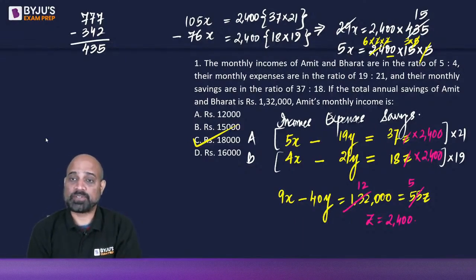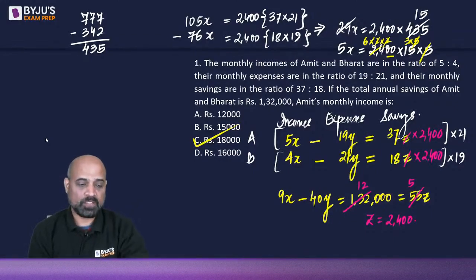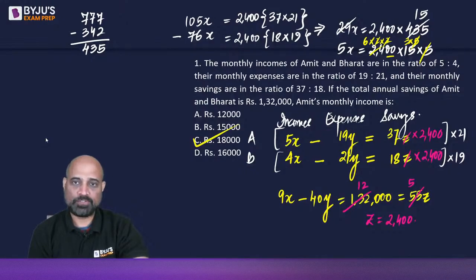We got 37 into 21, which will result in 777, of course. 18 into 19 will result in 342. That is also correct. 435 is the difference. So we will be getting 29x as 2400 into 15.